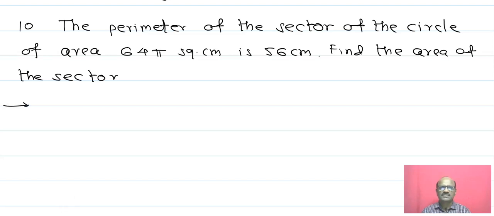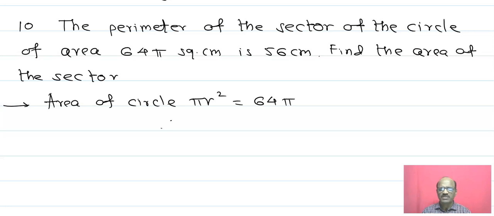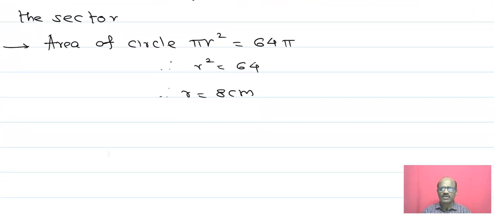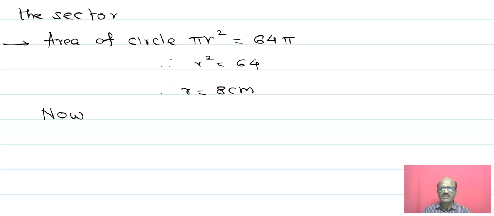Now see this. From the area of the circle we will find out the radius of the circle, and from the perimeter we will find out theta. Therefore r square is equal to 64, r is equal to 8 centimeter. Now again perimeter of sector.